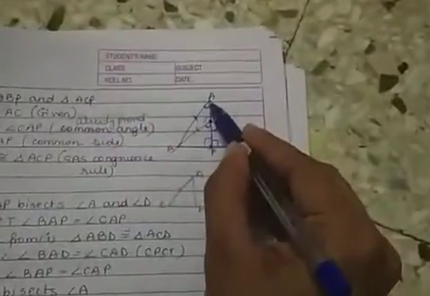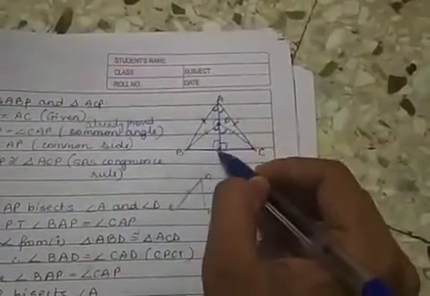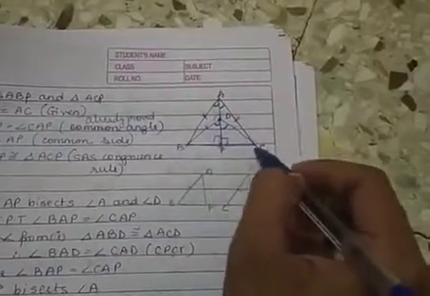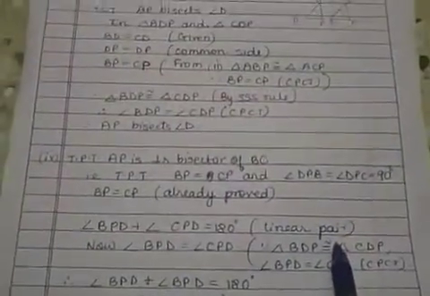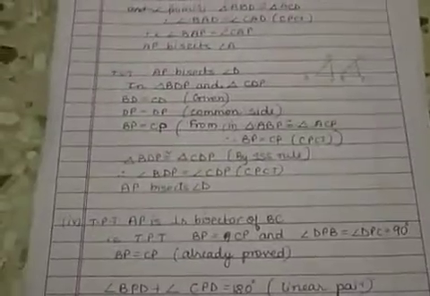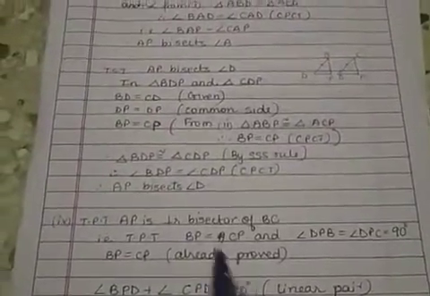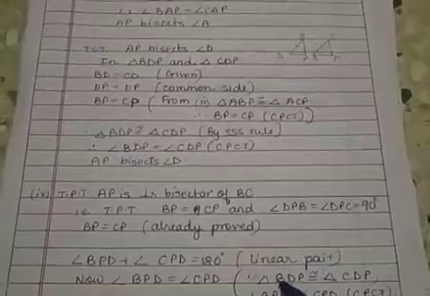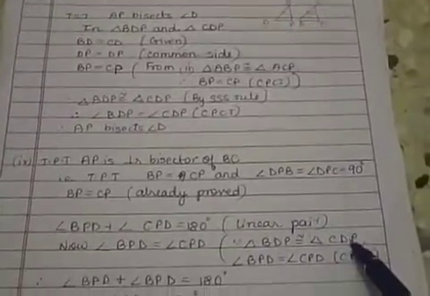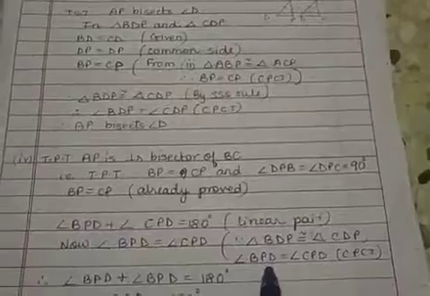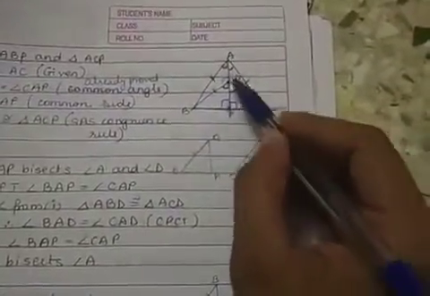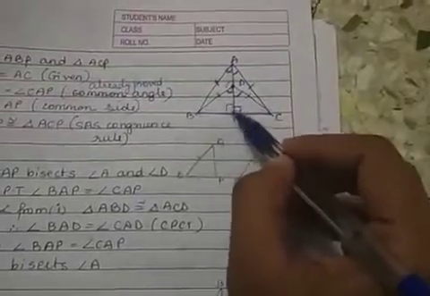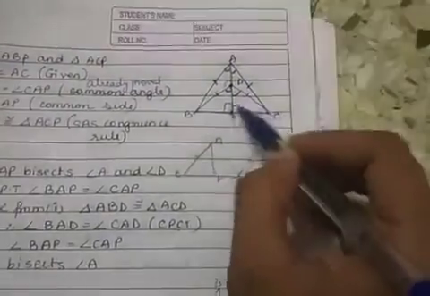So angle BPD plus angle CPD is 180 degrees, correct? So this sum is 180 degrees because they form a linear pair. Now from here we know that these two triangles are congruent, correct? Triangle BDP is congruent to triangle CDP. So angle BPD should be equal to angle CPD, right?